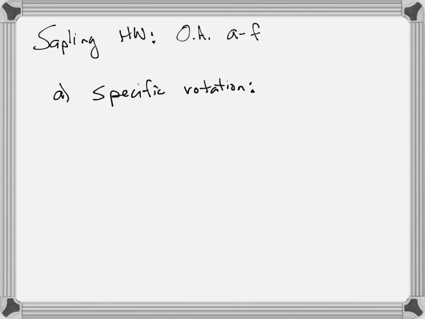Well, if we're going to take a compound and we want to know something about it, it has to do with wanting to know which enantiomer we have. If the observed rotation changes, we're not going to be able to tell which enantiomer we have. So we need some way to standardize and normalize our result so that when we look at a particular compound, we get the exact same answer every single time.